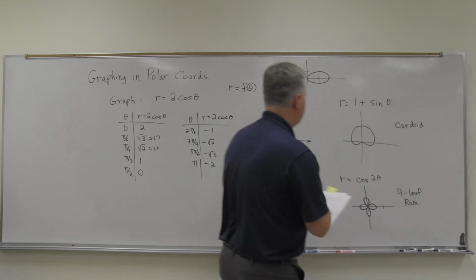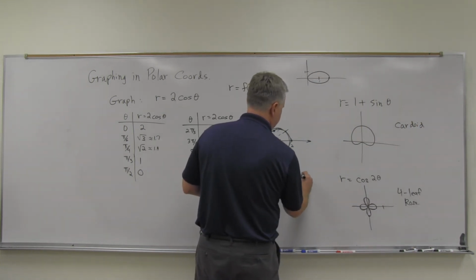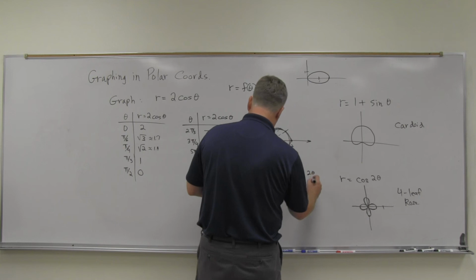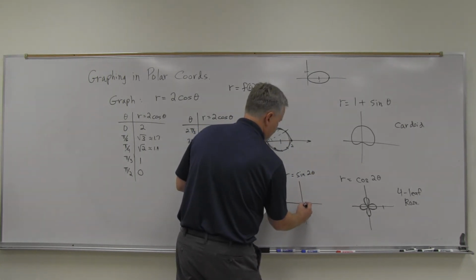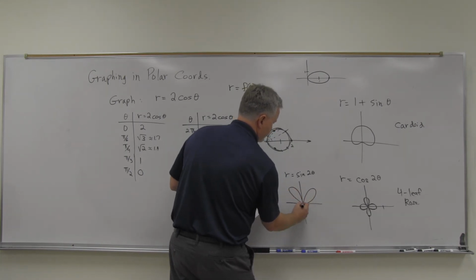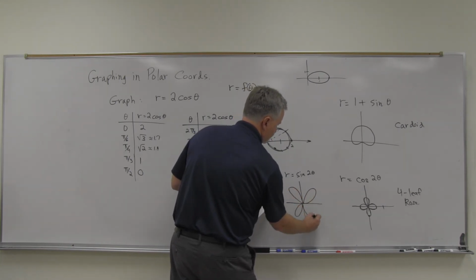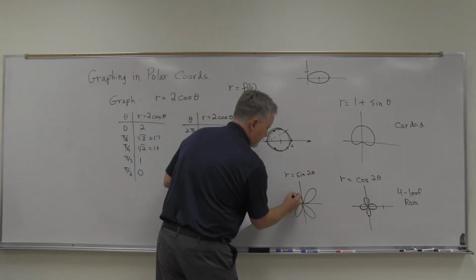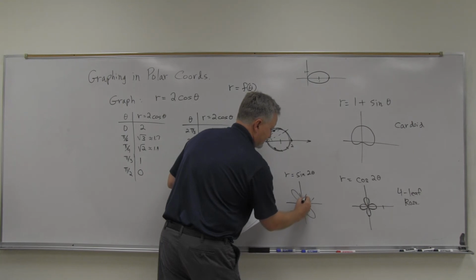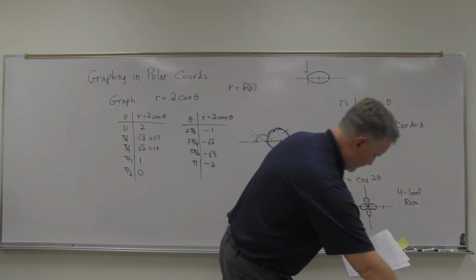Yeah, sine of 2 theta. It's a 4-leaf rose, but it's kind of angled differently here. Those are supposed to be all the same size, by the way. Trying to do it too quick, but okay.